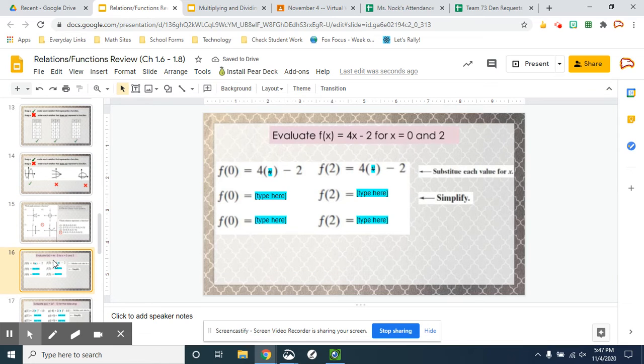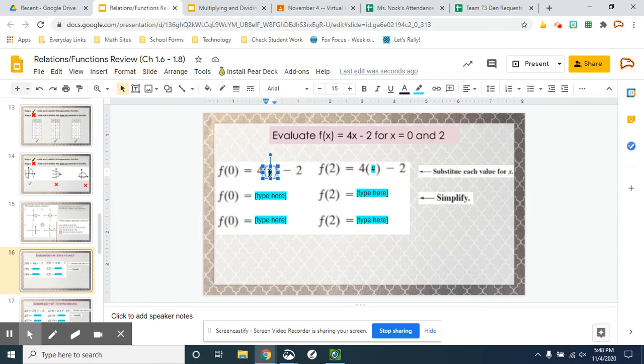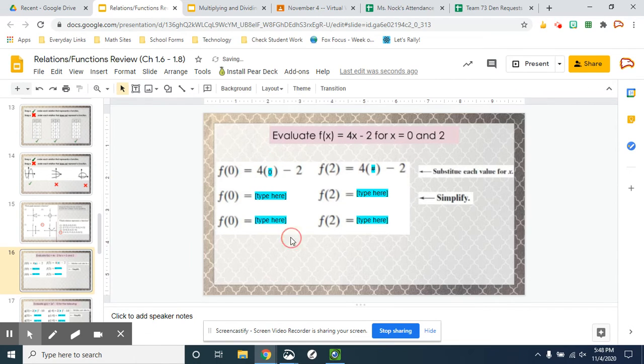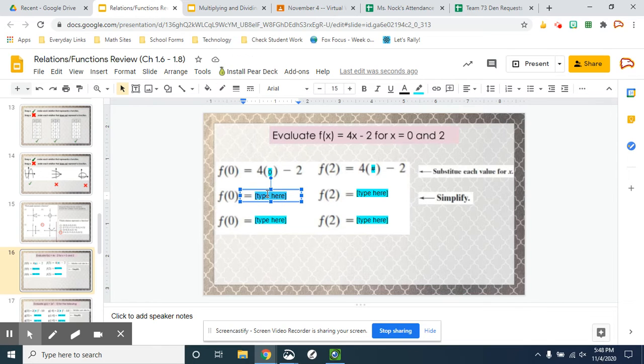All right, so looking at function notation, evaluate f of x equals 4x minus 2 for x equals 0 and 2. So in other words, x equals 0 and x equals 2. So the first one, they're saying that if I have an input of 0, meaning if my x is 0, so 4 times 0, we're just going to evaluate now, is 0, and then minus 2, and then 0 minus 2 is -2.